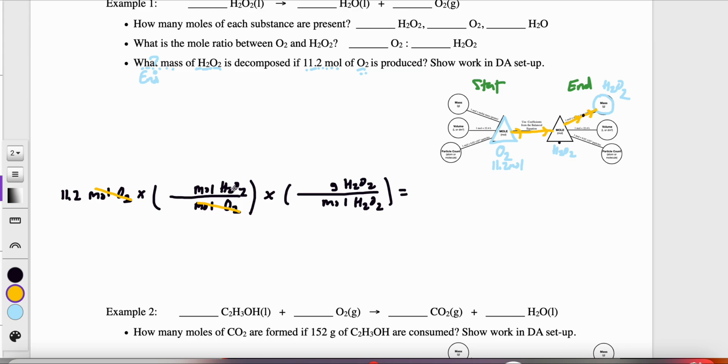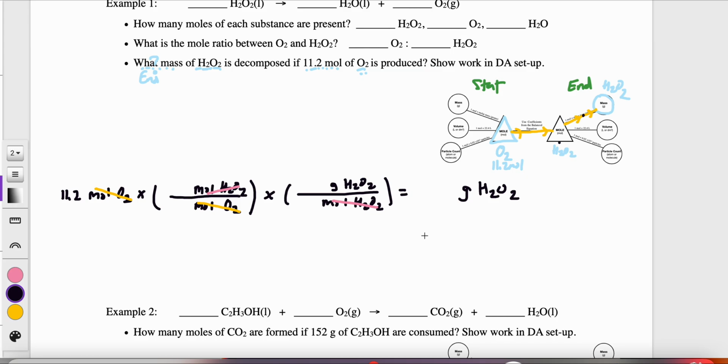Now I'm left with moles of H2O2 times grams of H2O2 divided by moles of H2O2. So mathematically, in the second step, my moles of H2O2 also reduces because I have one upstairs, one downstairs. So mathematically, I'm now left with grams of H2O2.